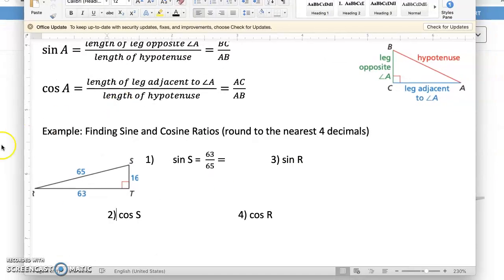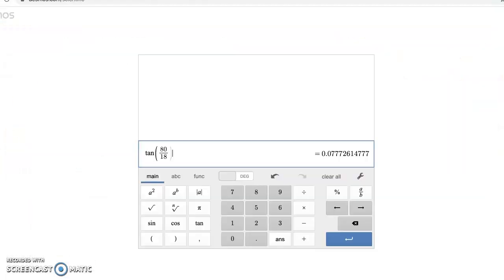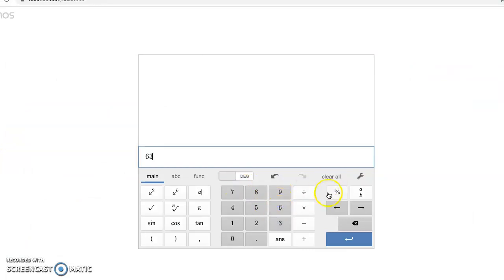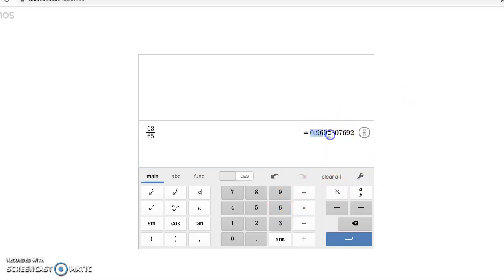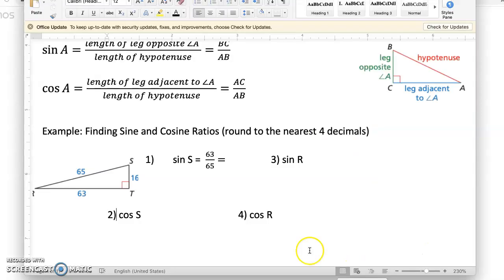And when you have your calculators ready, you would type in 63 divided by 65 and hit enter. And we are rounding to the 4th decimal, so that means we are rounding off to just the 2. So it's going to be 0.9692.